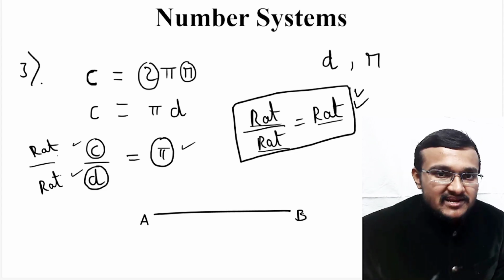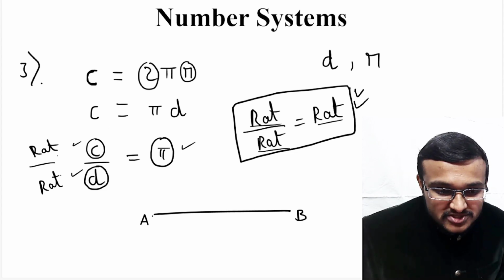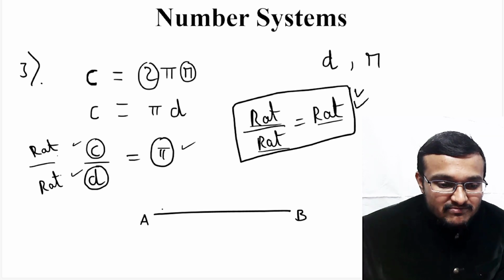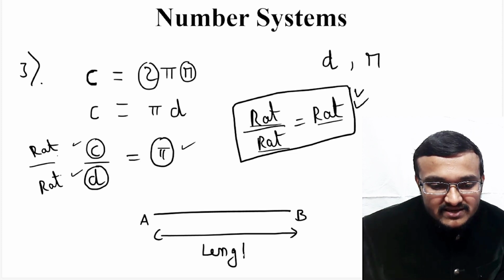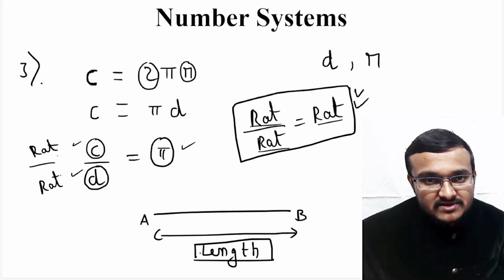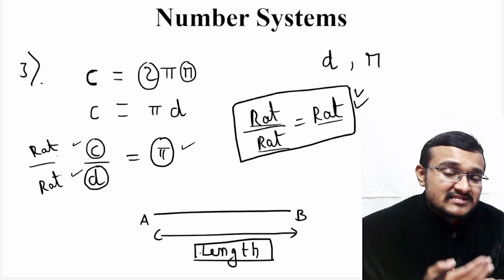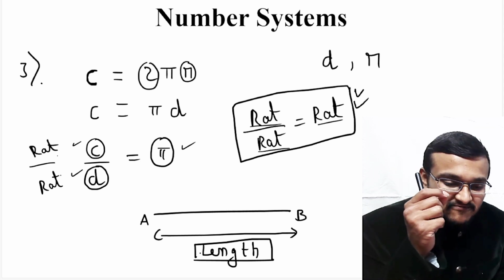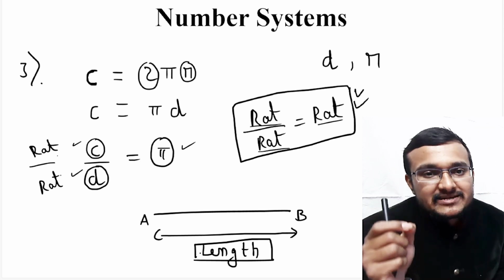On a macro level, you will keep a ruler and measure the length between A and B, and you tell this length is a rational number. How can you tell this length is a rational number? Because you are measuring from point A to point B.